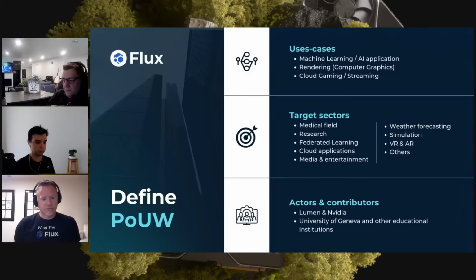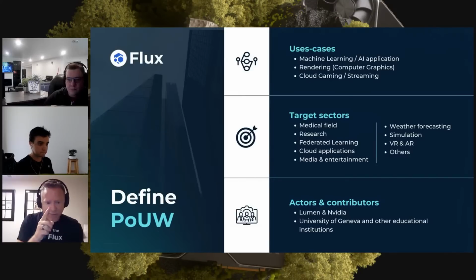I, for myself, work for the University of Applied Science in Geneva, and we came up with a use case for machine learning and tried to decentralize what we have in research labs, in order to bring more value to these GPUs we invest in that only do work at punctual times. As for the actors and contributors, we also have Lumen and NVIDIA, as well as myself at the university and other institutional establishments.